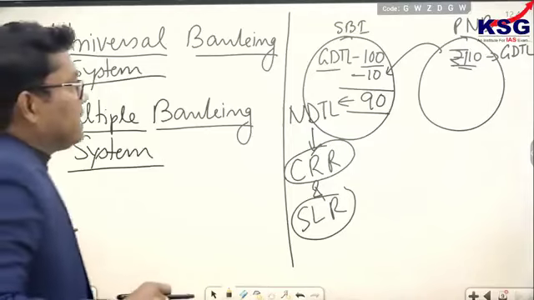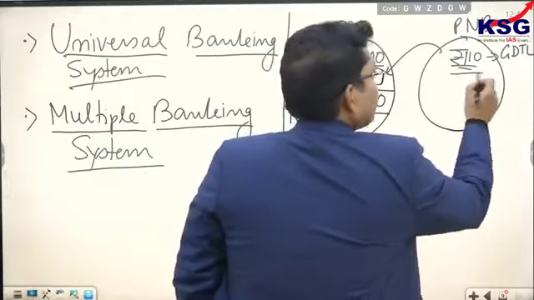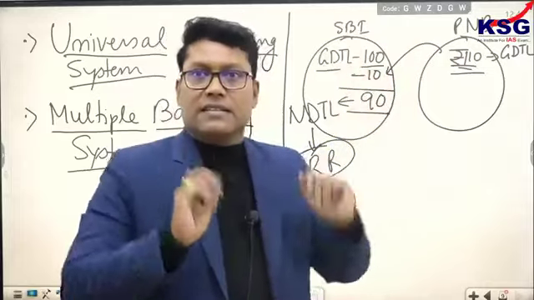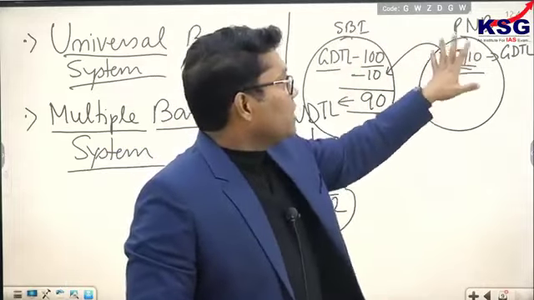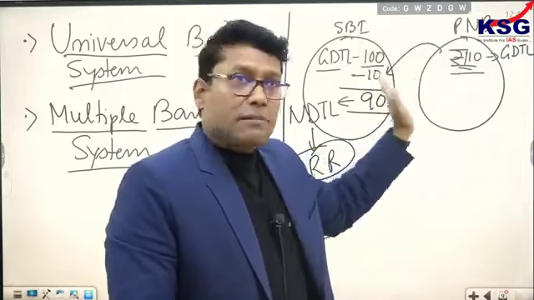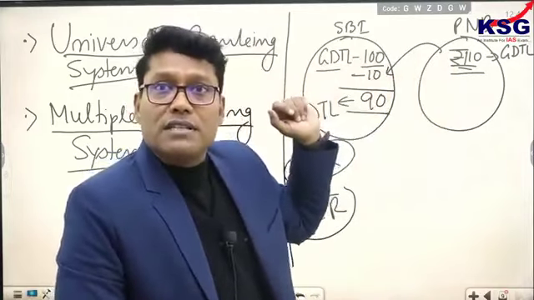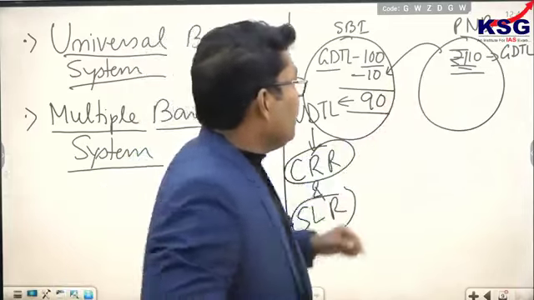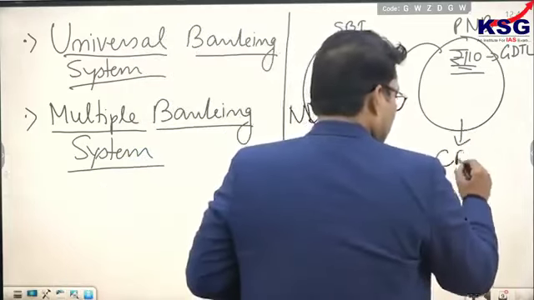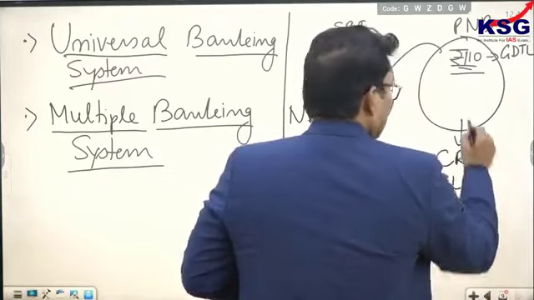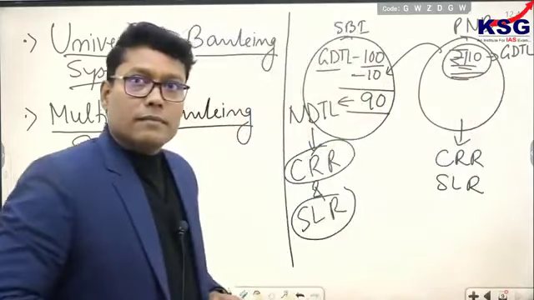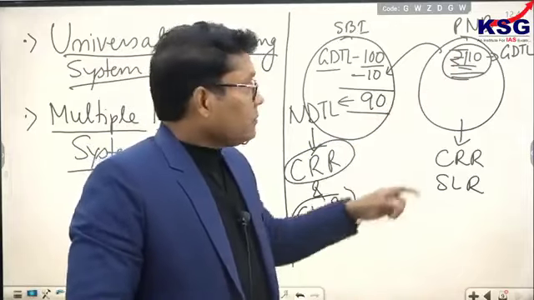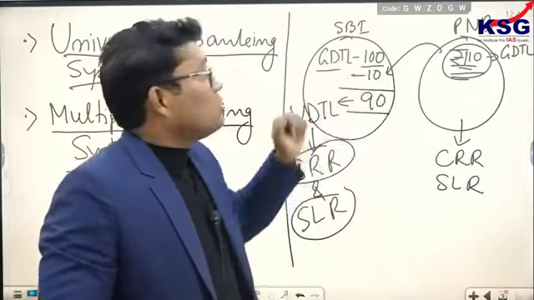Just understand, this 10 rupees is there in PNB. Let us consider SBI's claim is not there. So 110 is the total deposit and net deposit, because if PNB has no other bank's deposit, GDTL and NDTL are the same. So PNB maintains CRR and SLR on the basis of 110, because first it is reflecting the deposit of PNB. Out of this, 10 rupees comes to SBI.